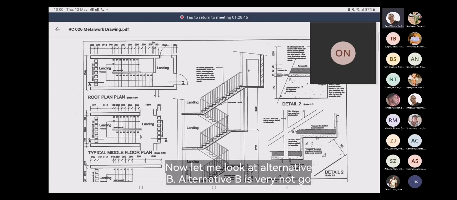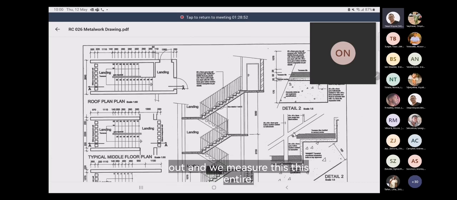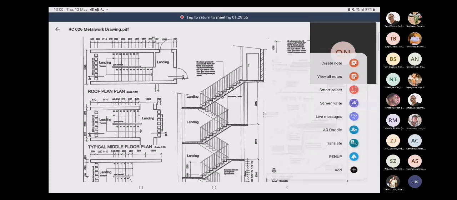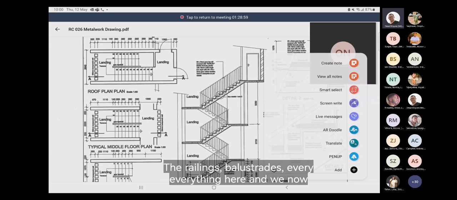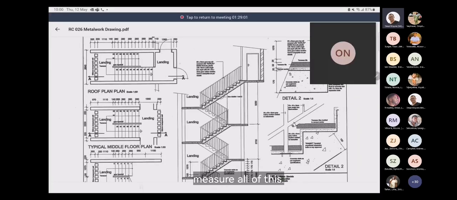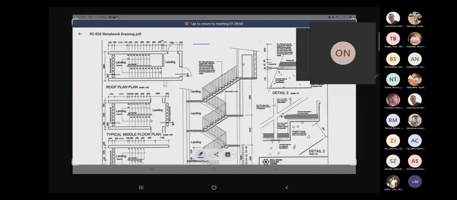Now, when we look at alternative B, that is where we now go out and measure this entire railing, the balustrade, everything here, and we now measure all of this in number.